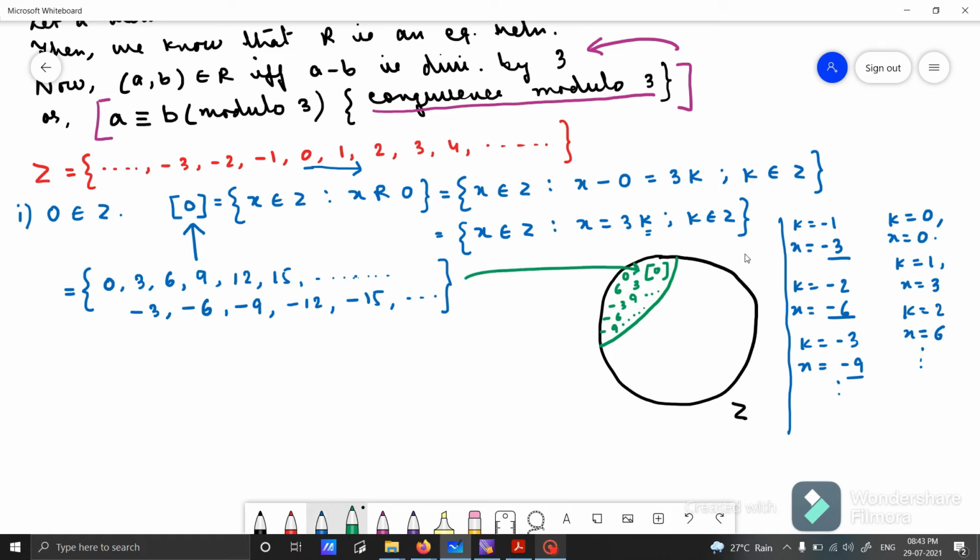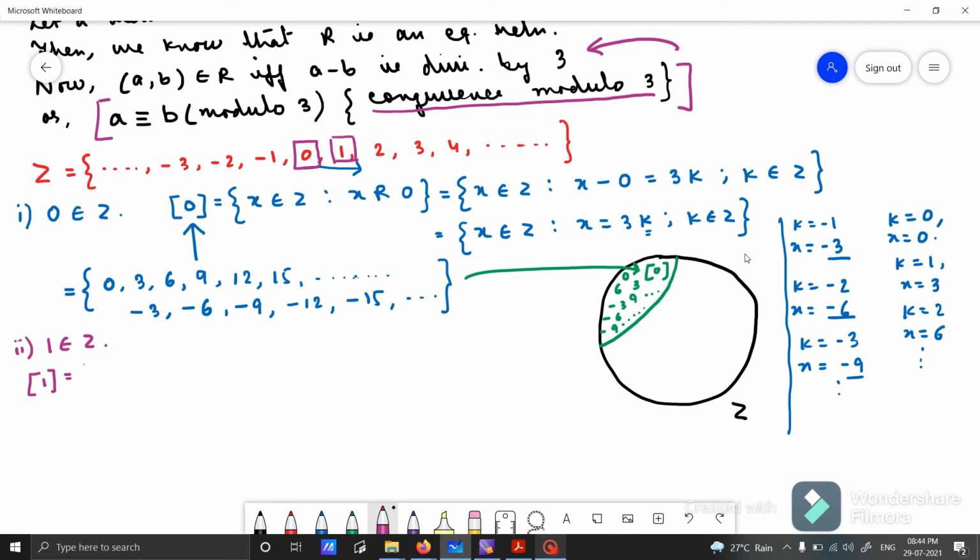Now let us see which is the next equivalence class. So I have found actually the equivalence class of 0 first. Now I am going to the next one. I want to find the equivalence class of 1. So second is 1 belongs to Z. So let us see which integers will be there in the equivalence class 1.